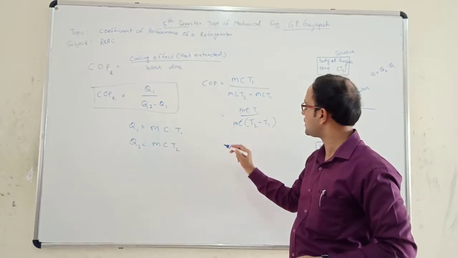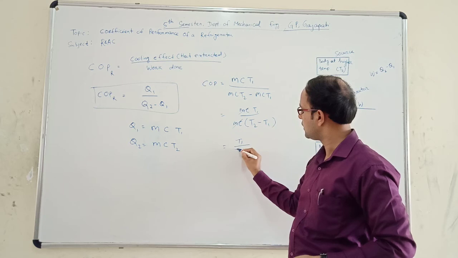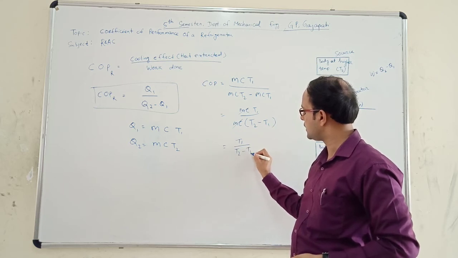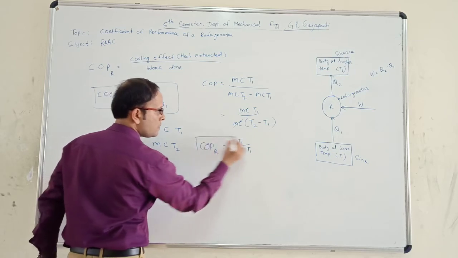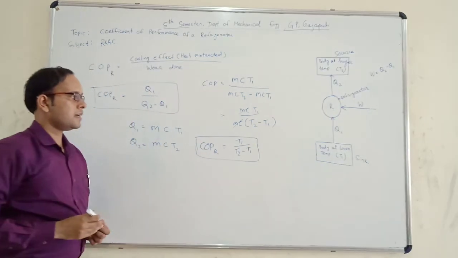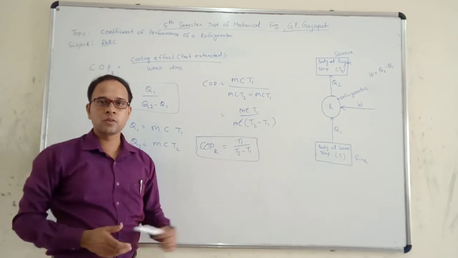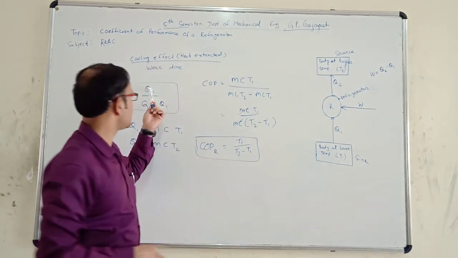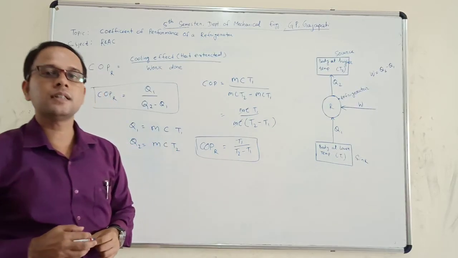Now m and c cancel out. What remains is T1 by T2 minus T1. So in terms of temperature, the coefficient of performance can be written as T1 / (T2 - T1). If you know the temperatures or the heats, you can find the COP of the refrigerator.